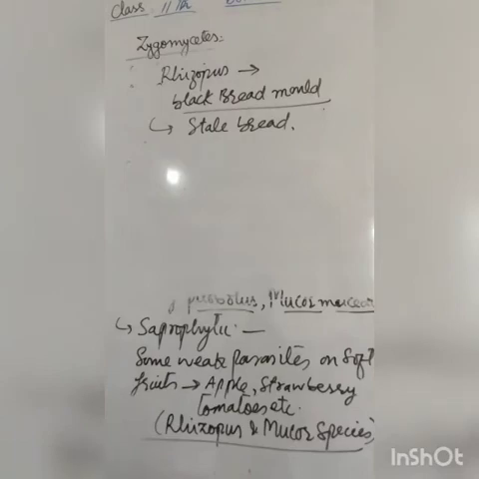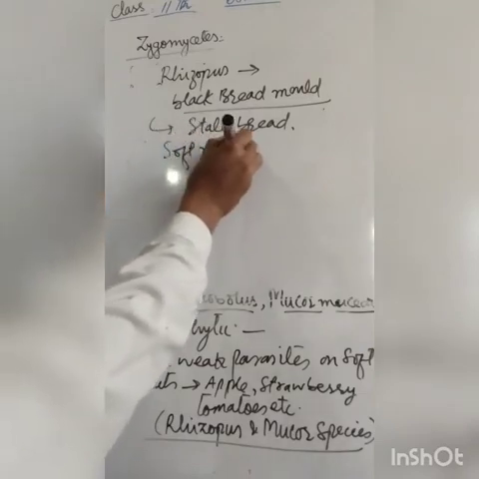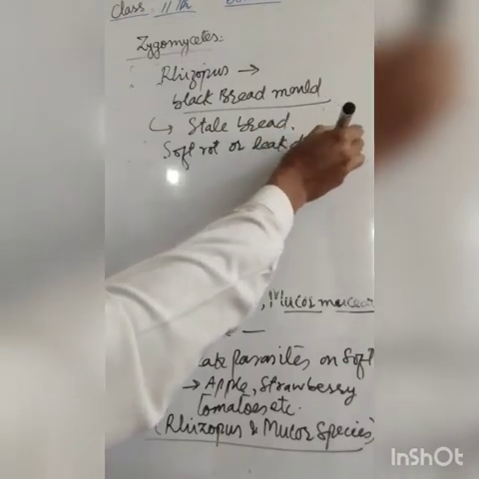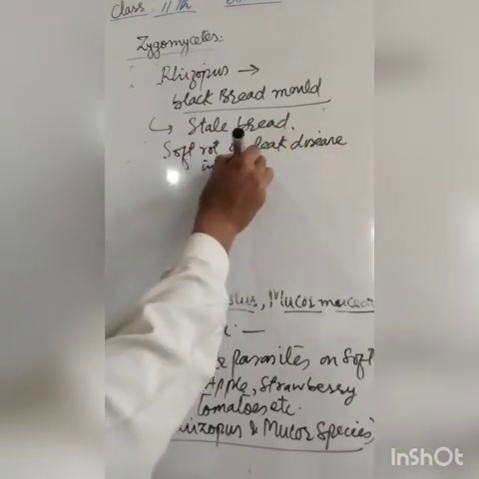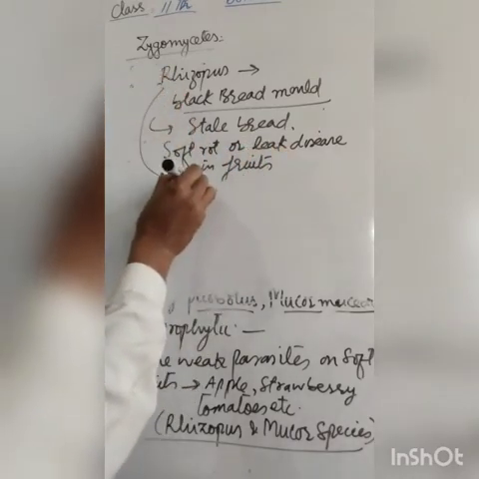Along with Mucor, Rhizopus causes the soft rot or leak disease of fruits.